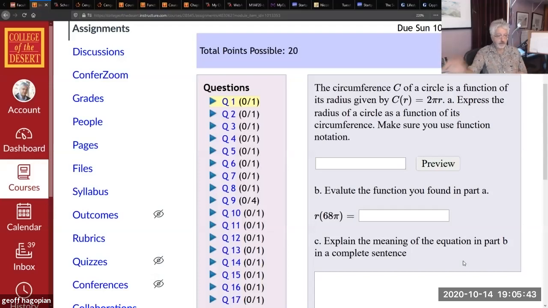That's how you remember the formula for the circumference of a circle. Well, you derive it from the fact that pi is the ratio of circumference to diameter, right?